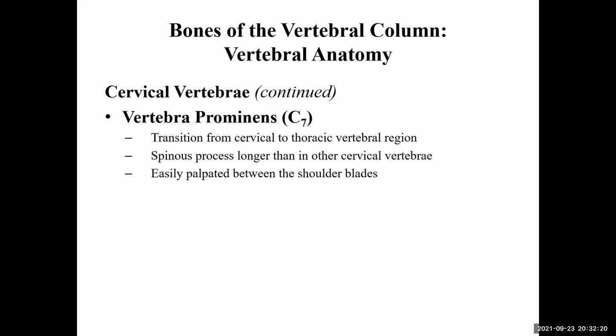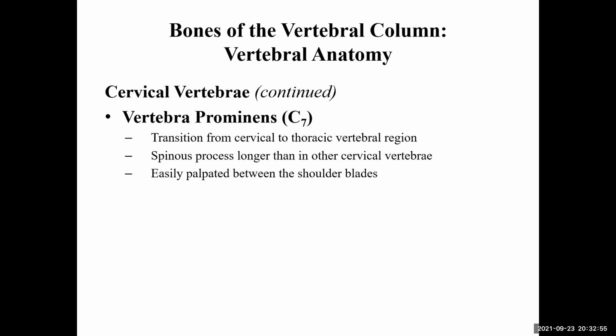One of the things that you'll start to see is as we move from one division of the vertebral column to the next division, the closer you get to the next division, the remaining vertebrae in the first division start to take on the characteristics of the vertebrae in the second division.